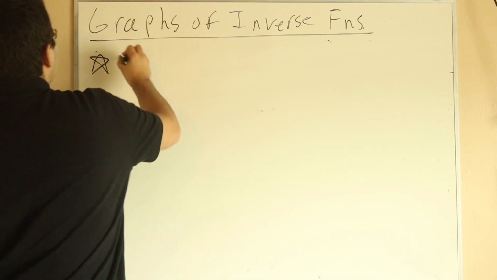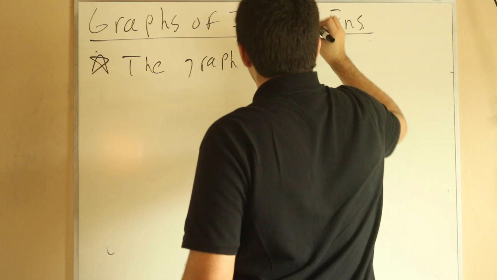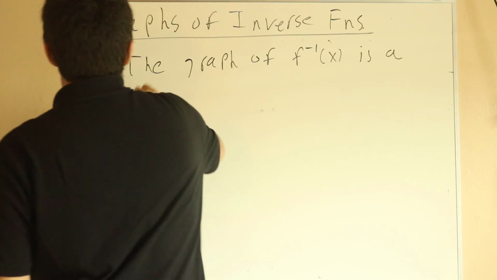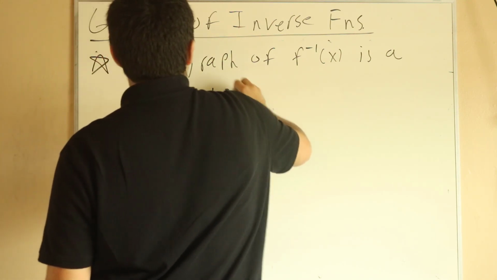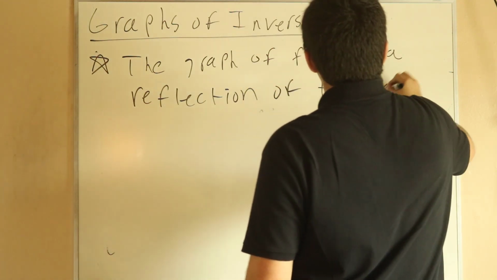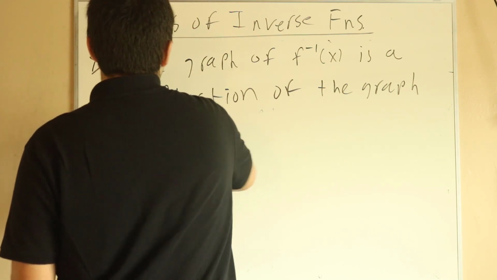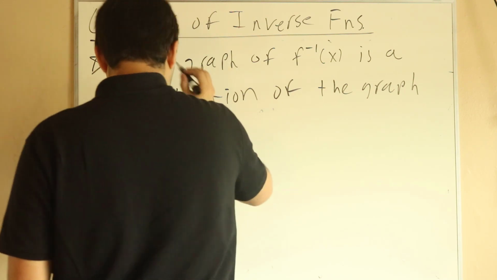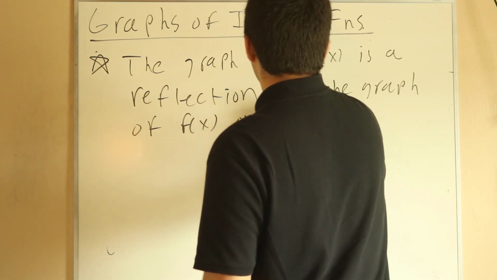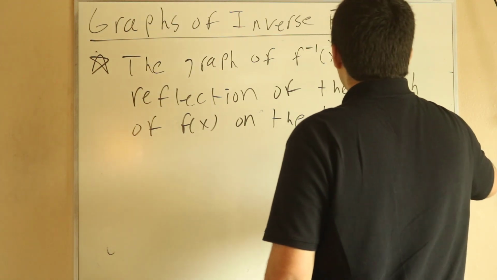It leads you to the conclusion that the graph of f inverse of x is a reflection of the graph of f of x on the line y equals x.